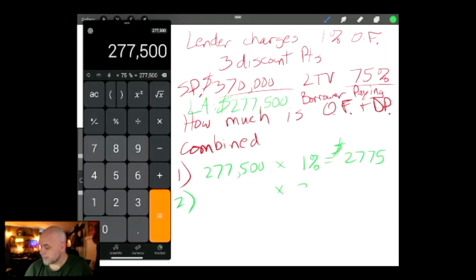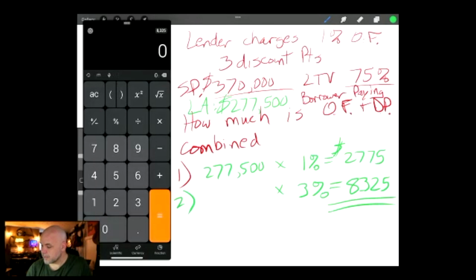And then we also need, what did I say, 3? Okay, 3 discount points, so 3%. Which is 8.325. We're going to total those together. You know, another way you could do it, if you want to get crazy, is realize 1% for origination fee and 3% for discount points is a total of 4%. So you could just take 4% of that loan amount.